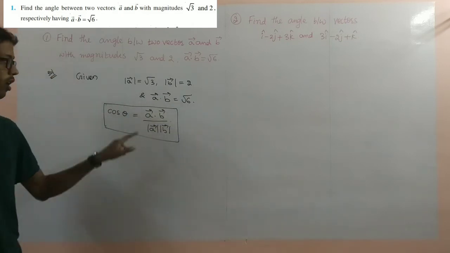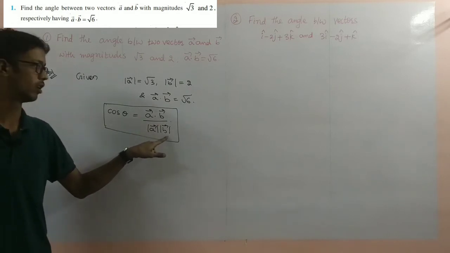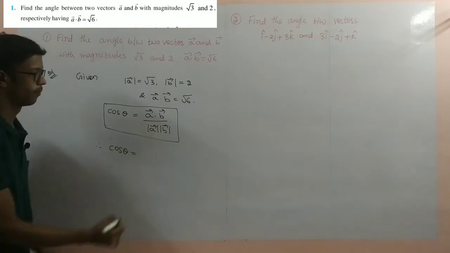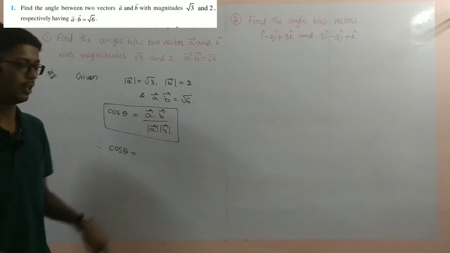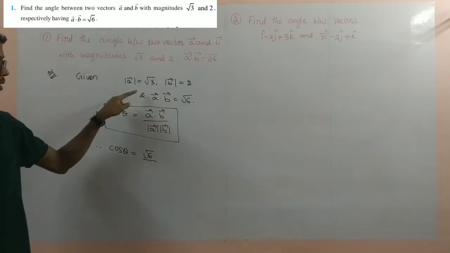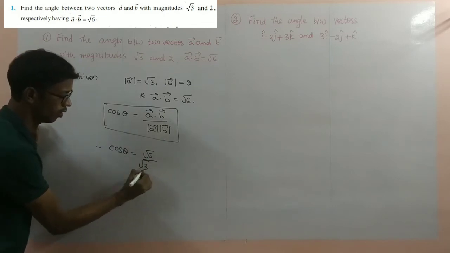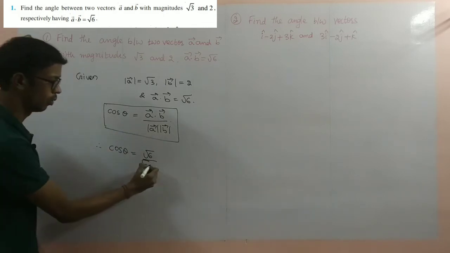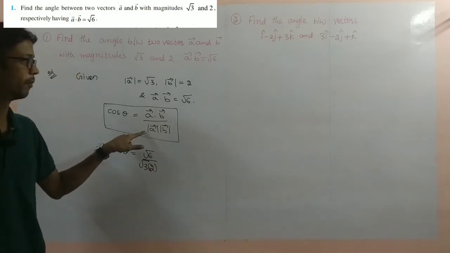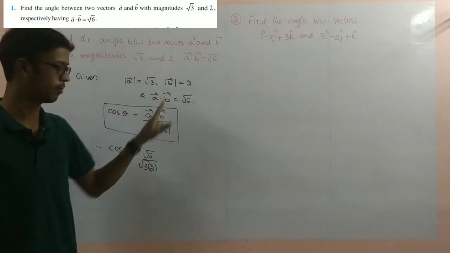Therefore, cos theta equals root 6 by root 3 into 2, since magnitude of A bar is root 3 and magnitude of B bar is 2.